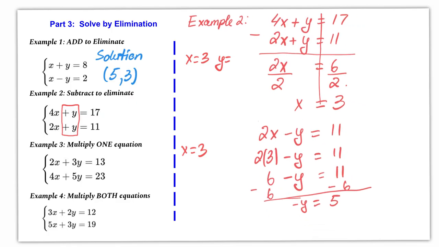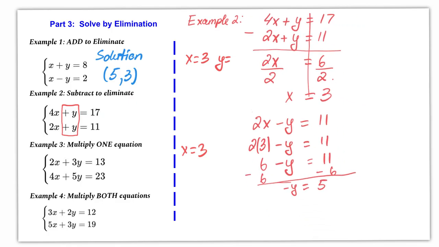Let's go ahead and make this just a bit smaller so I have more space to work. And you can see that we can't stop here. We have to divide both sides by -1 since it's negative y, which means -1 times y. And so therefore y will be -5. All right, we found our y and our solution is x is 3 and then y is -5.